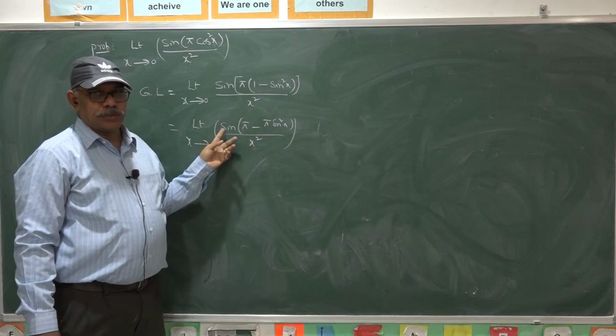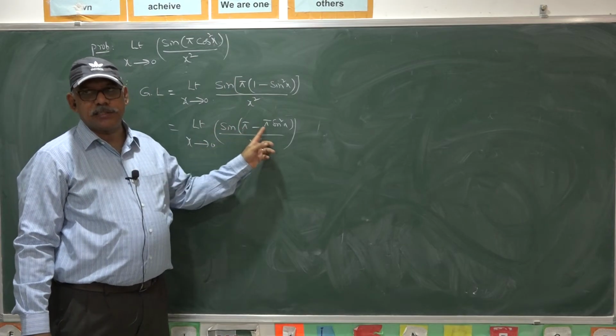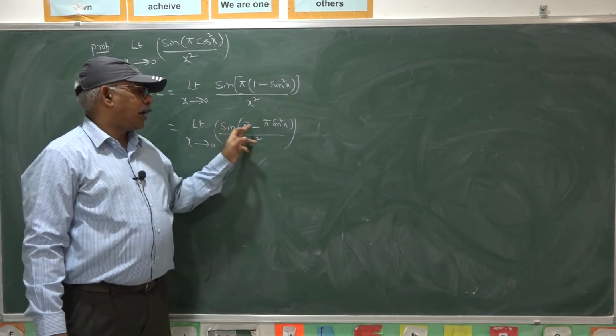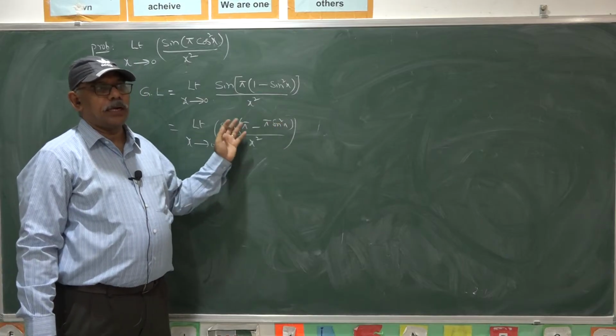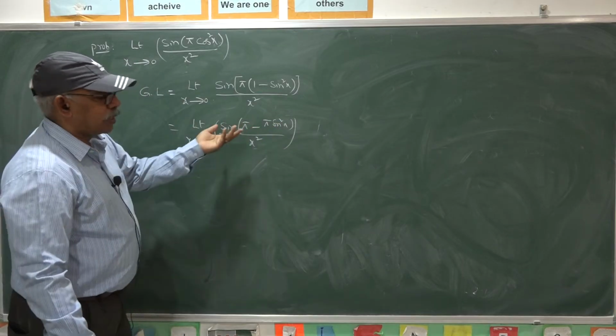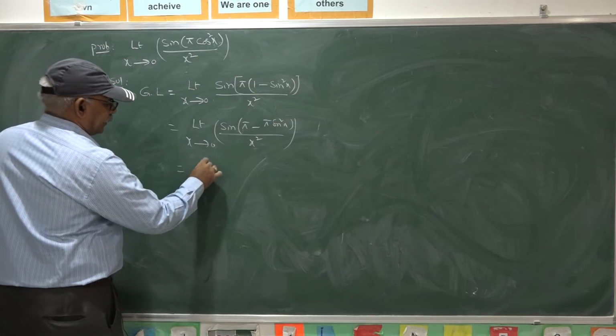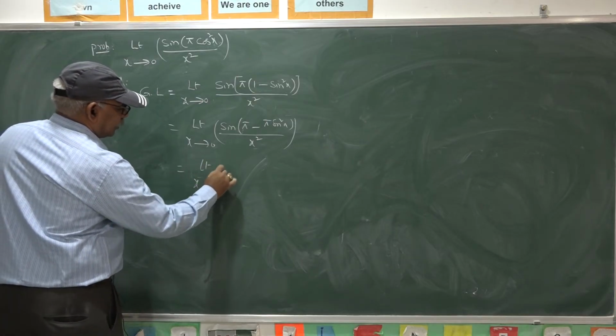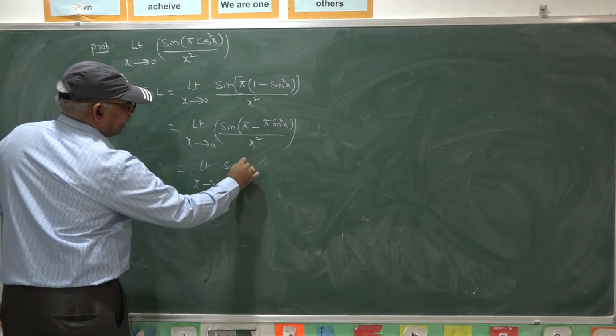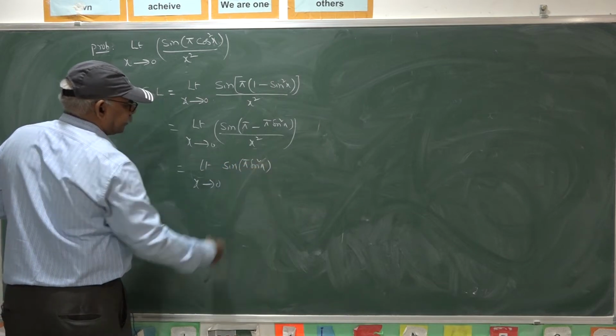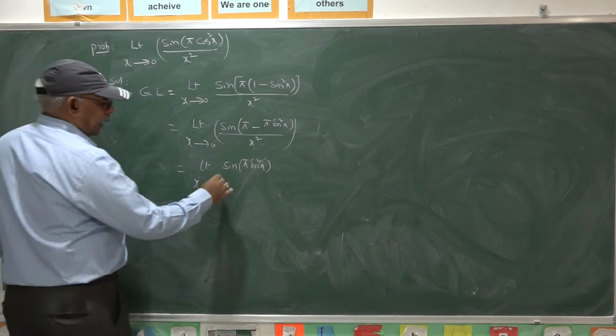Now, it was reduced to sine of pi minus theta. Sine of pi minus theta, which falls in the second quadrant, is sine theta itself. Therefore, this is sine of pi sine square x by x square.